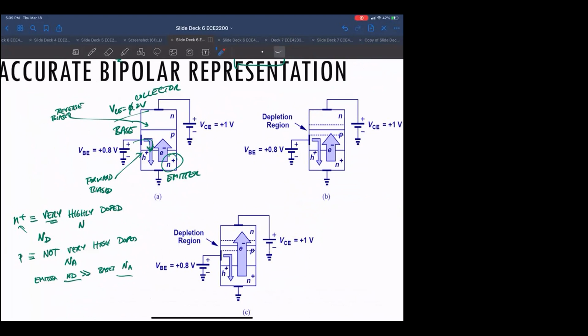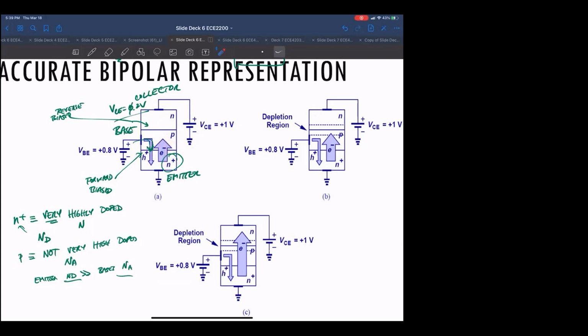If we just look at this junction, it's forward biased, meaning there is hole current flowing from the P to the N region, and there is electron current flowing from the N to the P region.